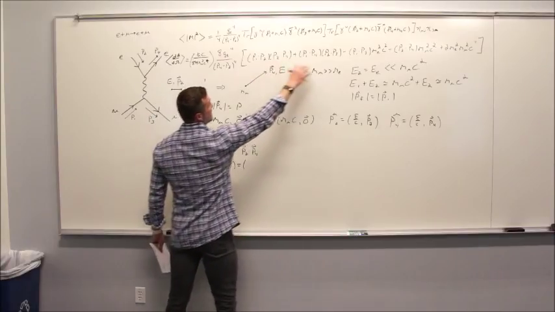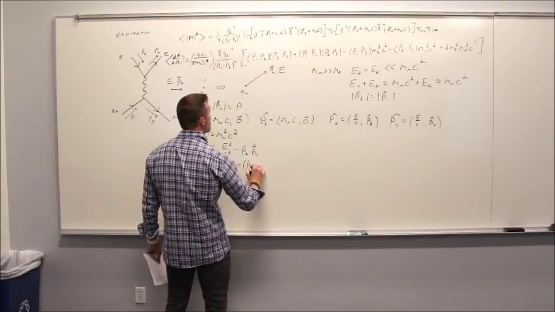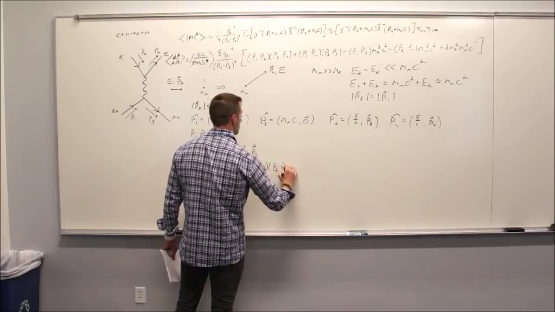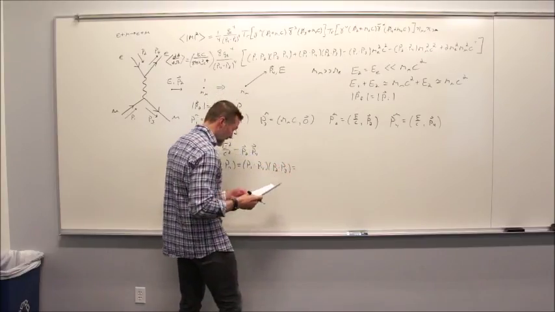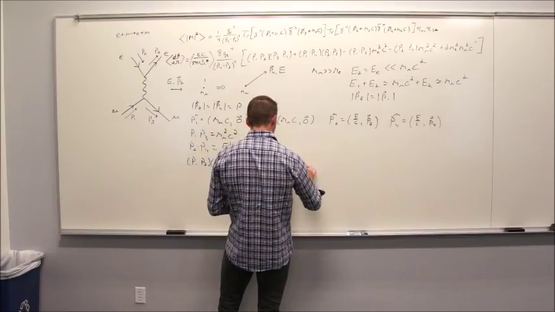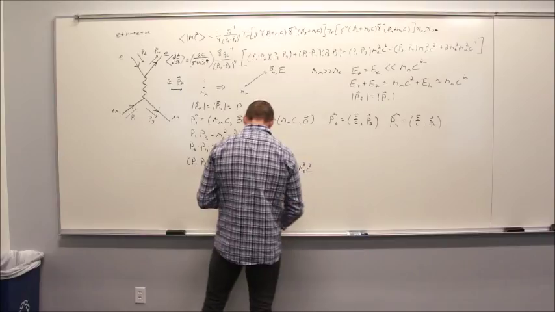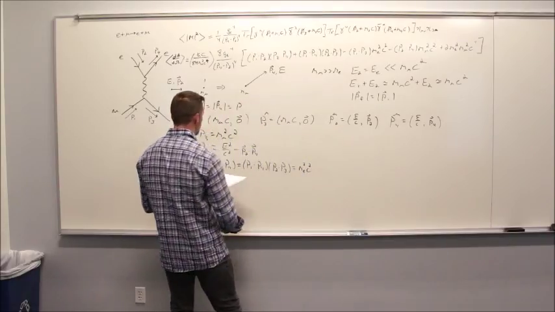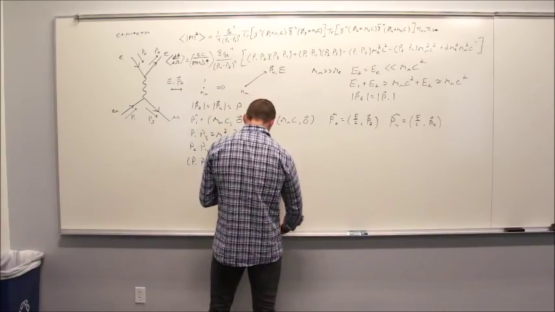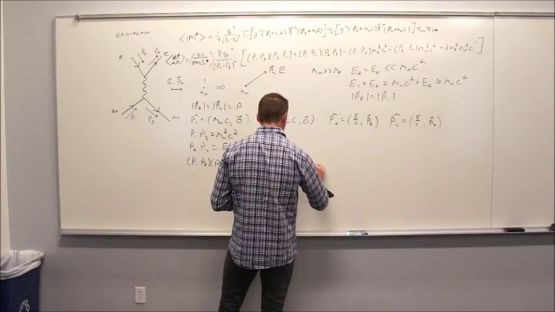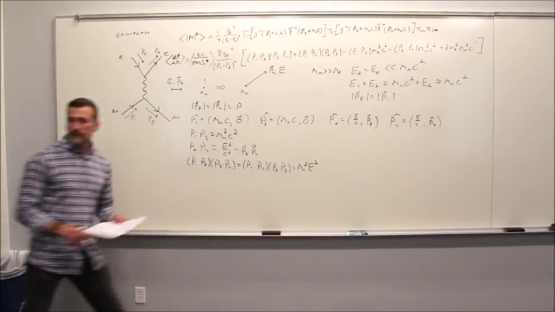It turns out that this term and this term have the same result. And that turns out to be the mass of the electron squared, c squared. No, sorry, hold on. This is the mass of the muon squared times c squared.